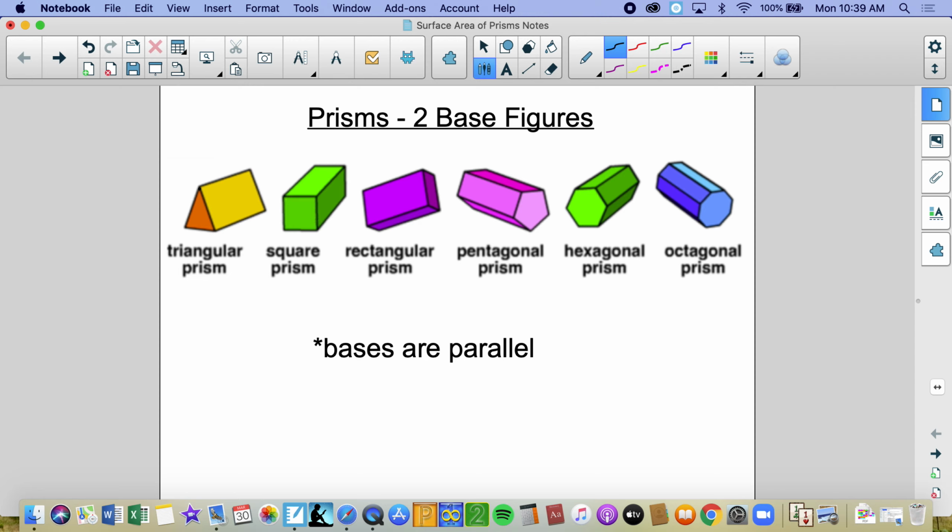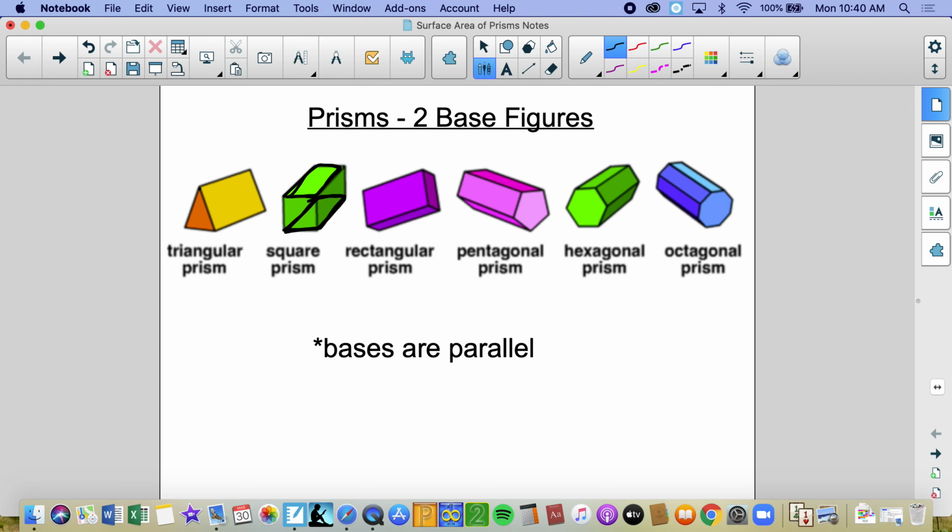But what is interesting is we could also call these the bases, because those are also parallel. So you have multiple sets of faces of this object that are parallel. So we could call these the bases. And then the other set would be the top and the bottom, which could also be considered bases.